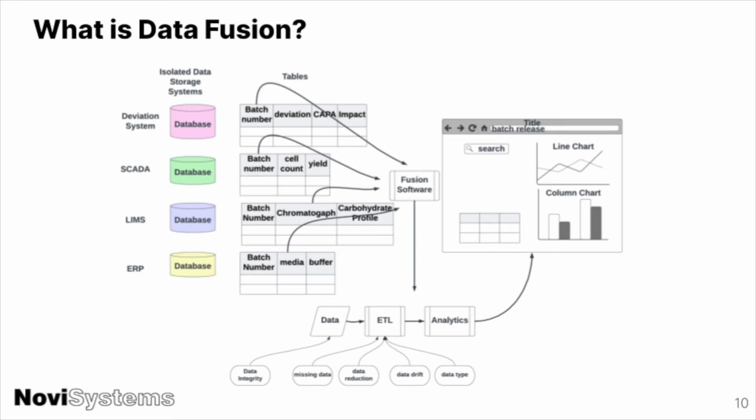So fusion is a real enabler when we're talking about doing advanced analytics and trying to get the best of both worlds. And remember, that's really what we want, right? We want to be able to release quickly, but we also want to demonstrate that we're operating in control. These are the sorts of systems that allow us to do that.